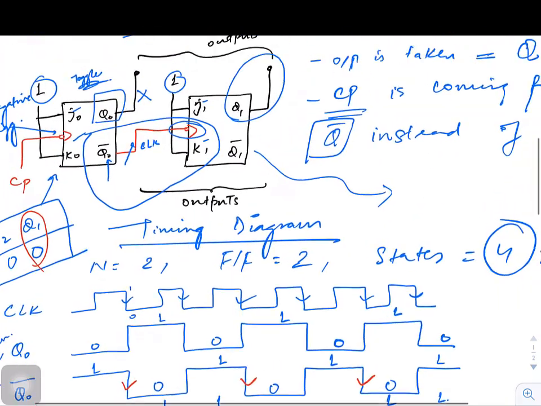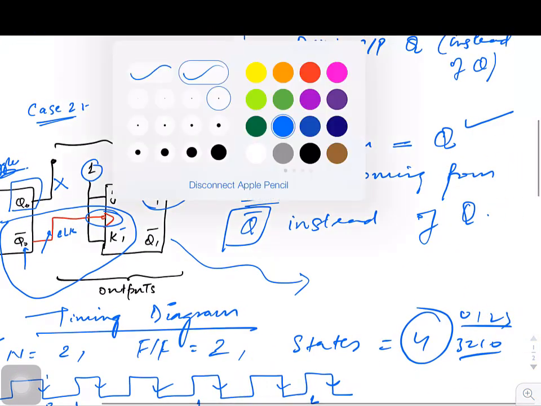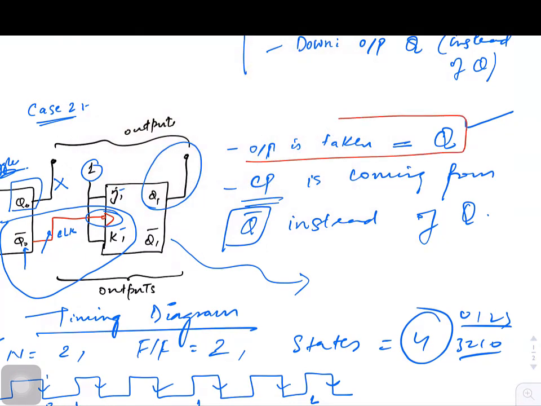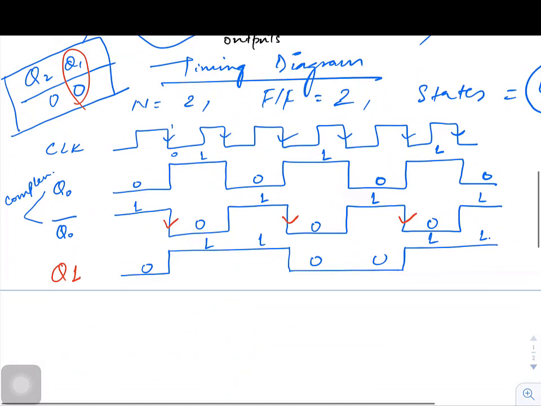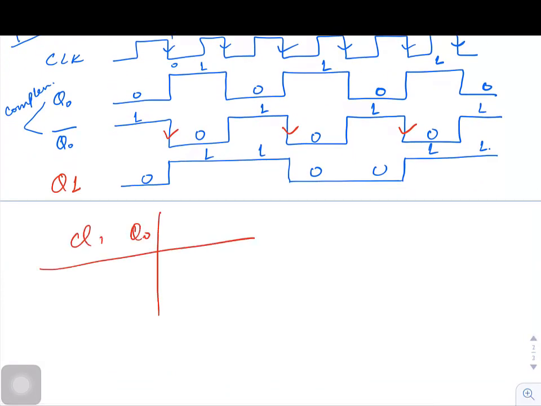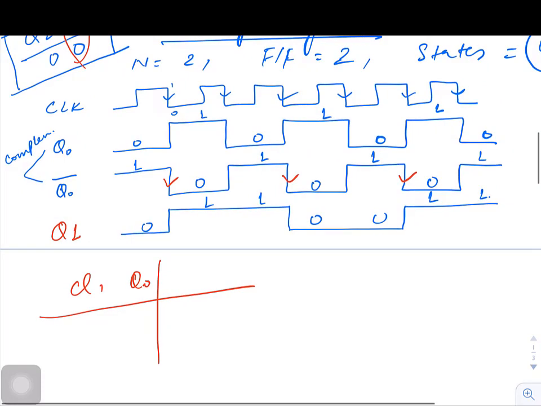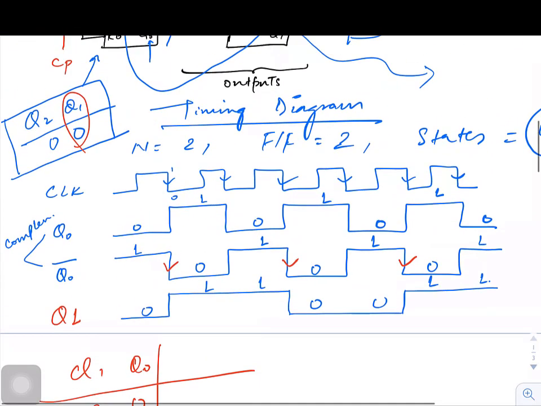Now if I check the output, as I said in case 2, the output is taken across Q only. It means my output is determined by Q1 and Q0. So let us check what is the sequence that we are getting. Initially we were assuming that the value was 0 0.